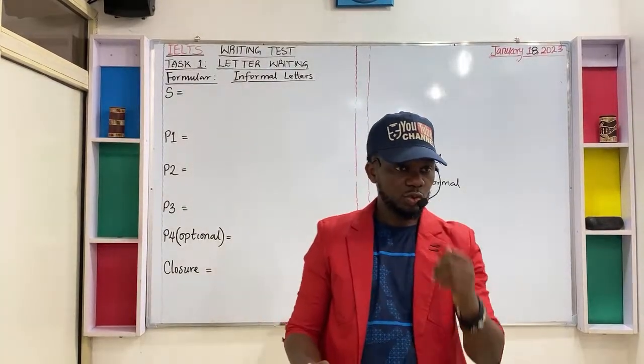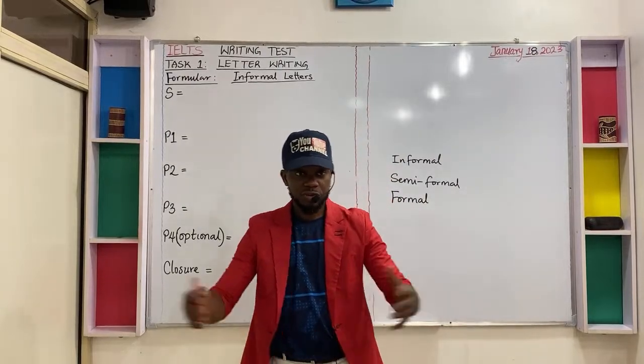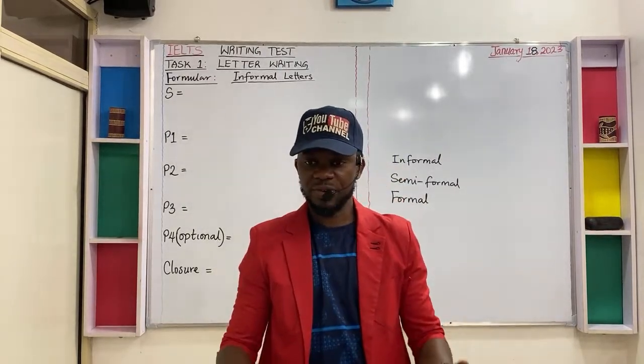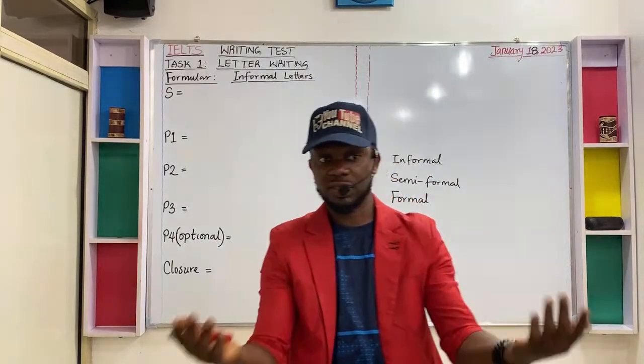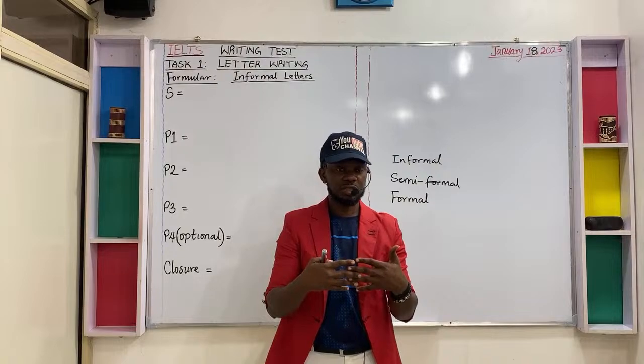By blood, we are referring to letters you write to your parents, your siblings, your relations. Then by friendship, we're talking about letters to your friends. They are people you have a very close relationship with.